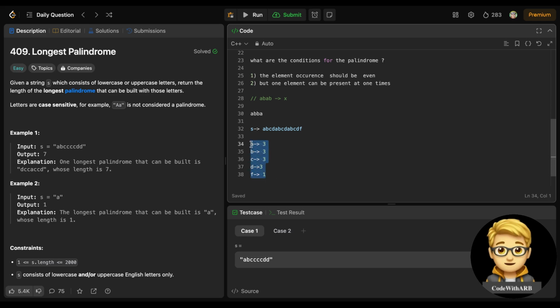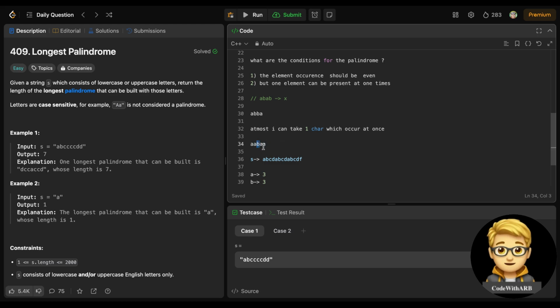For a palindrome, at most I can take one character which occurs once. Like this AABAA: A is present an even number of times, but B is present only one time.